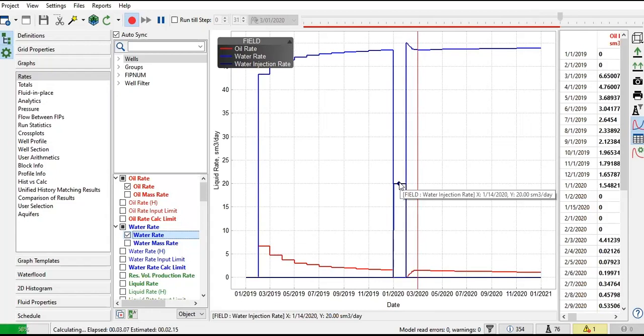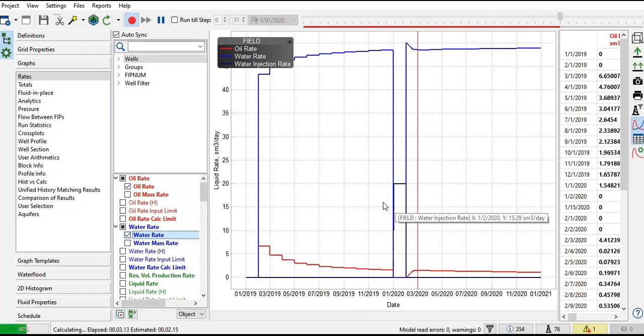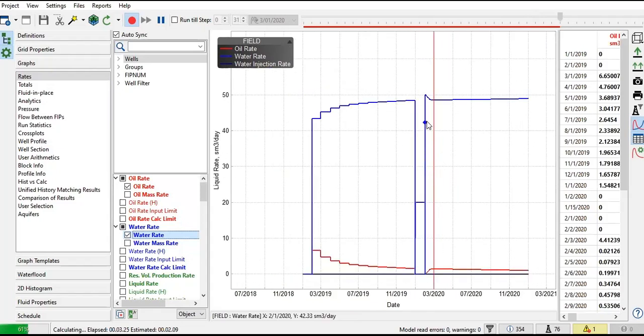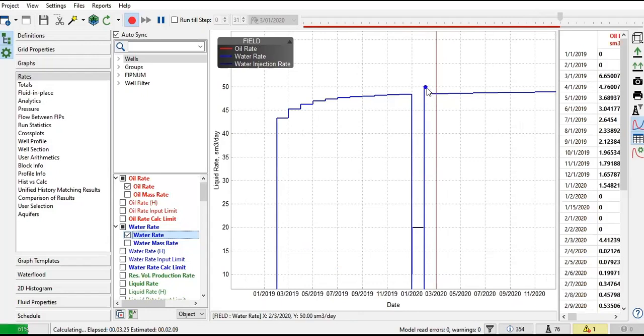The well was left producing for a year, okay, this until the injection test, because we want to simulate the development of this field. Okay, and you can see a spike in water production rate because we inject something.